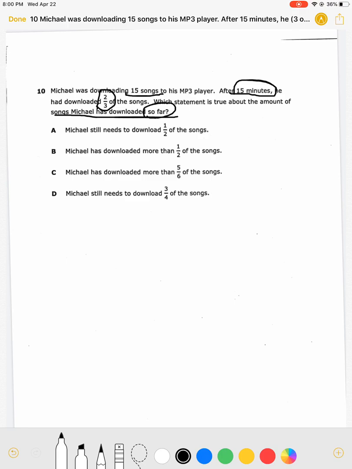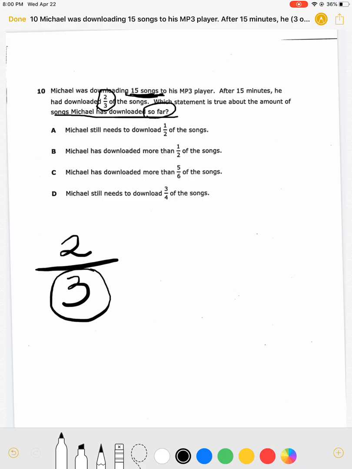So, our fraction says 2/3. Now it's taking the number of songs, 15, so you really don't need to know that information for the minutes, and it's divided them into thirds. So let's look at our answer choices and see what they say. Choice A, Michael still needs to download 1/2 of the songs.